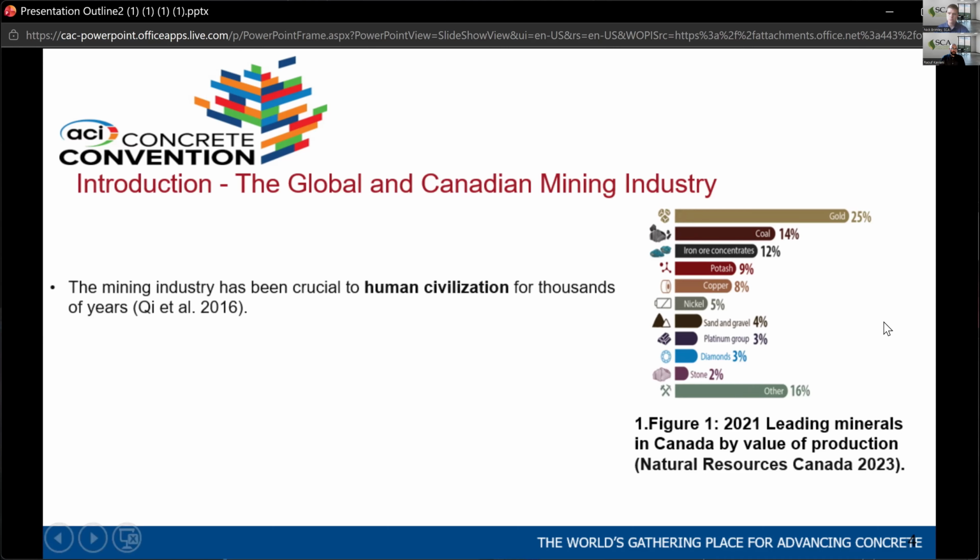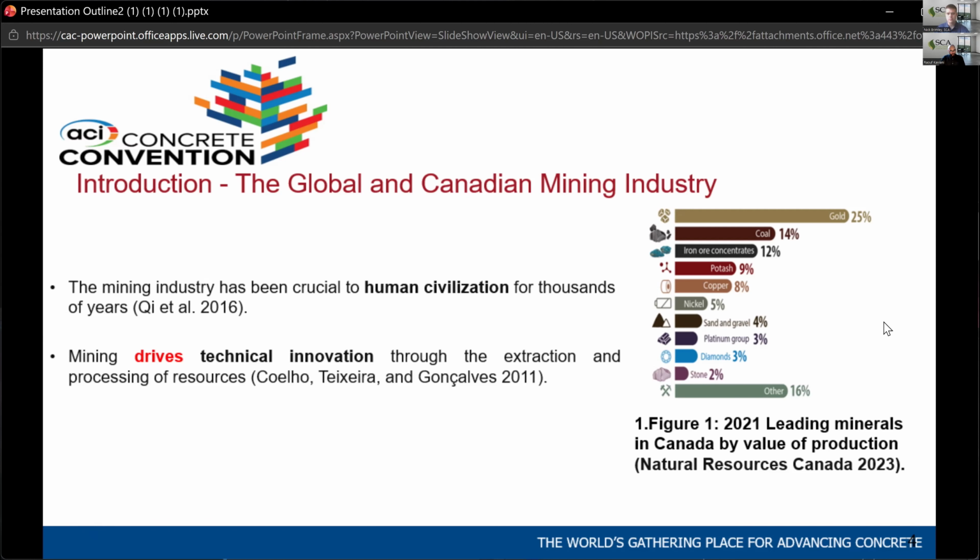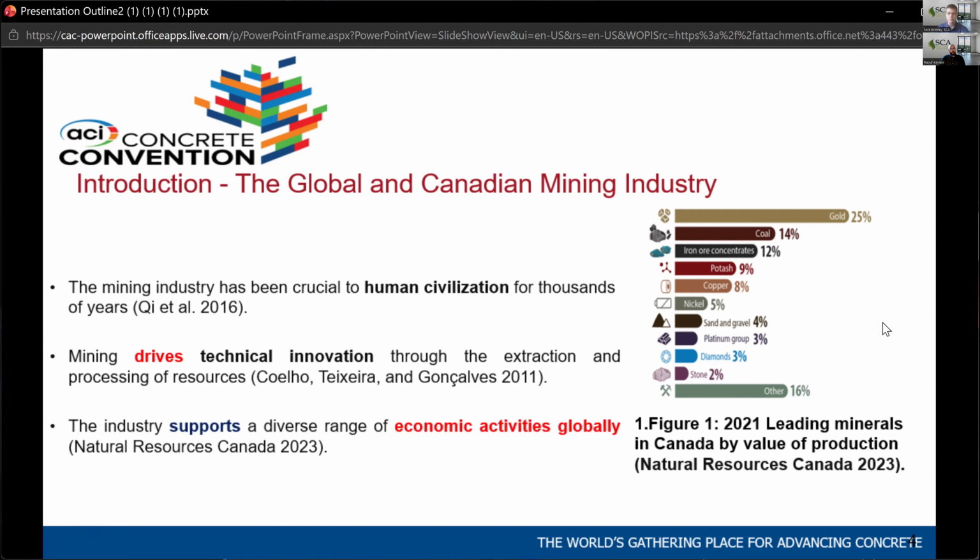The mining industry has been very crucial for human civilization, and mining drives technical innovation through the extraction and processing of resources, and it has a very great impact on the economy.